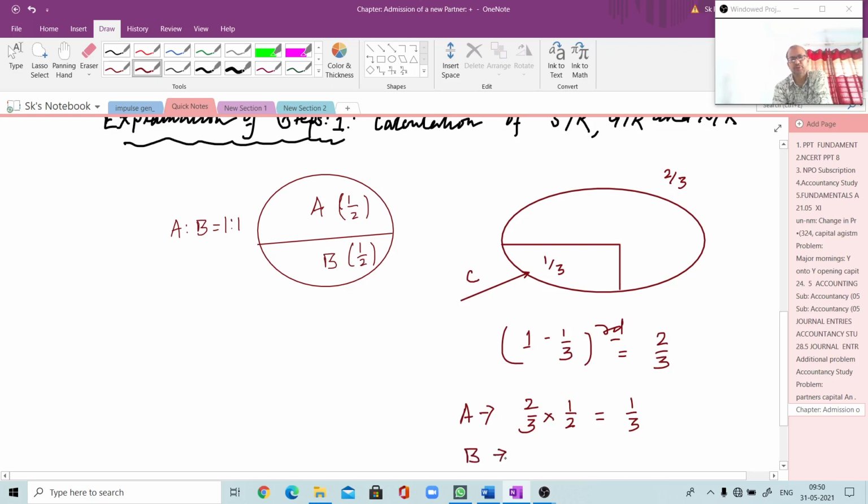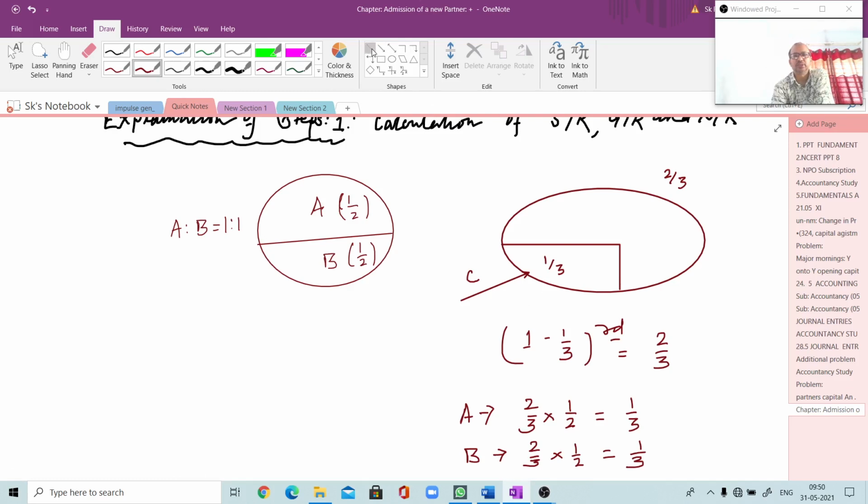B also the same way, 2/3 into half, that is 1/3. Means now the share of A and B, which was half and half, comes down to one third for sacrificing to C.